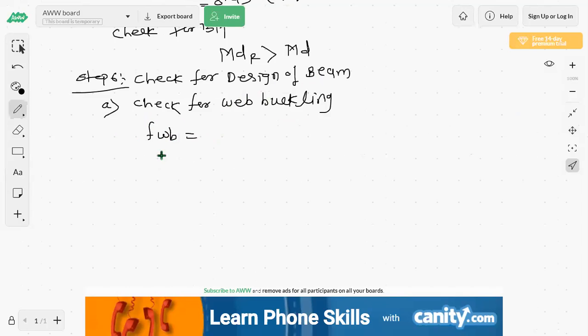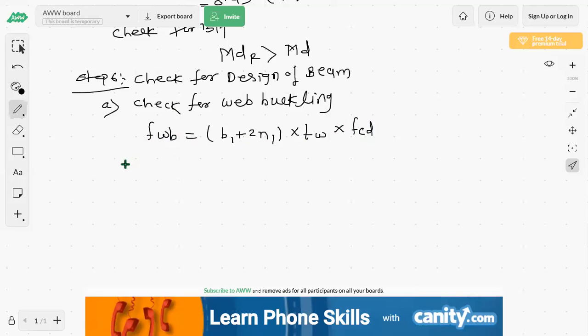So we have to calculate the strength for web buckling. FWB is equal to, the formula is (B1 plus 2N1) into TW into FCD. So this is the strength due to web buckling.